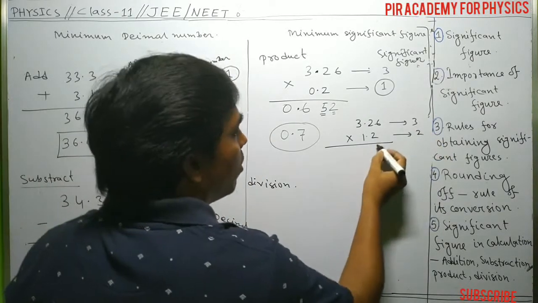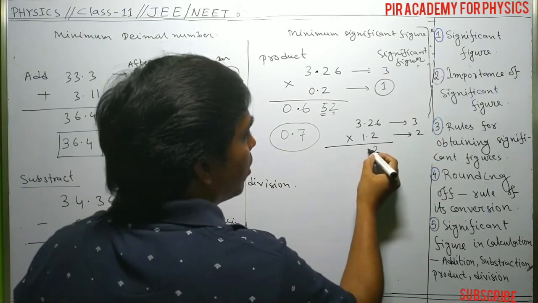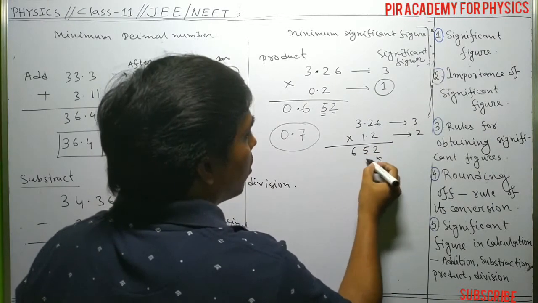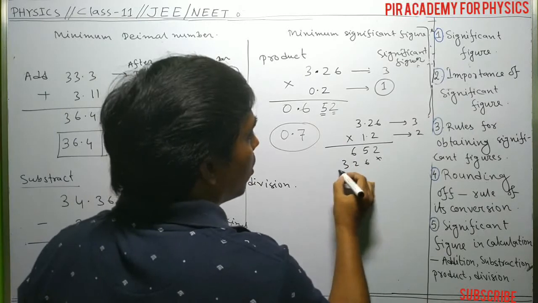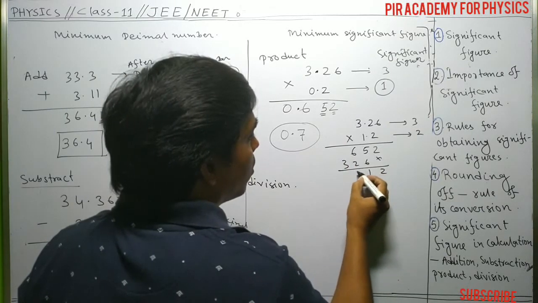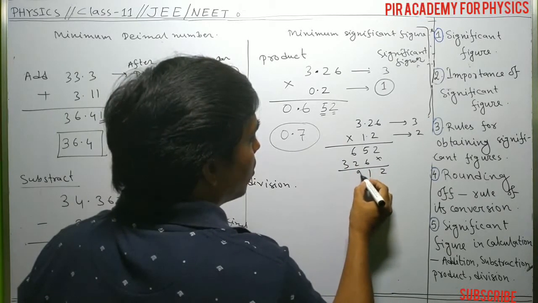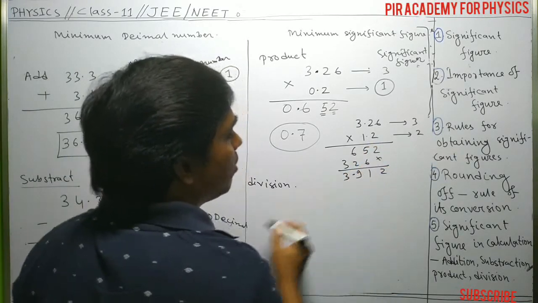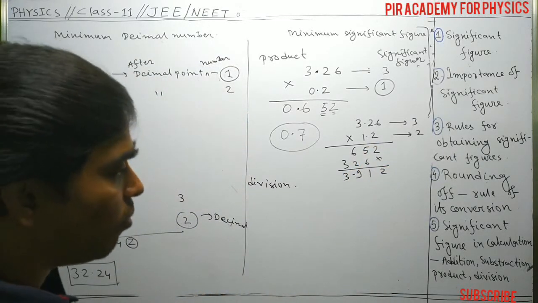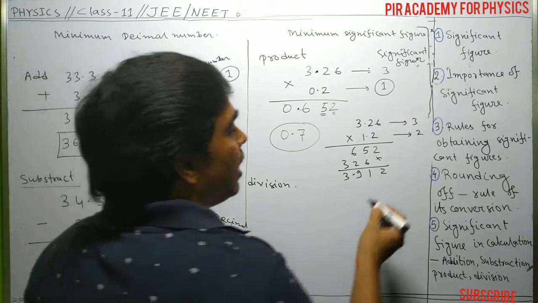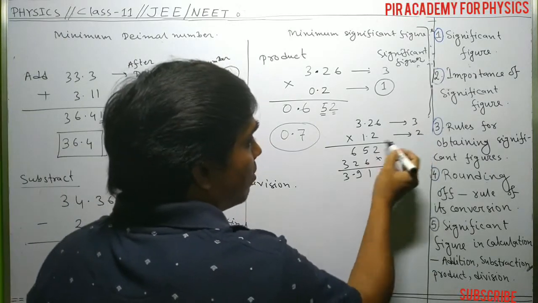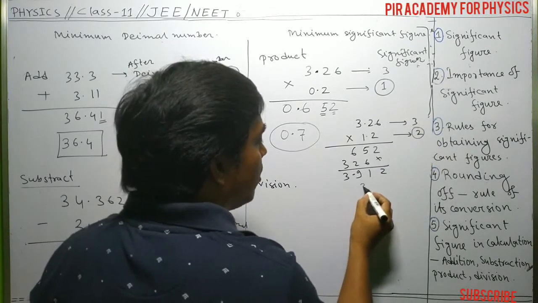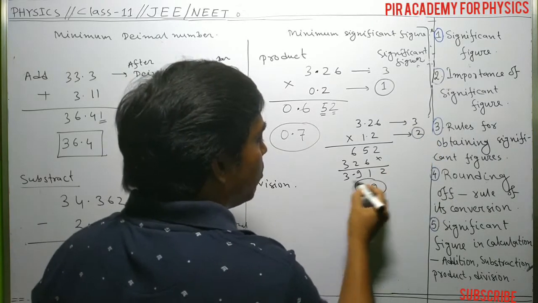Now this will be 3.912. Here you have to write the answer in terms of the minimum significant figure. That means it will be 3.9. This will be the answer.